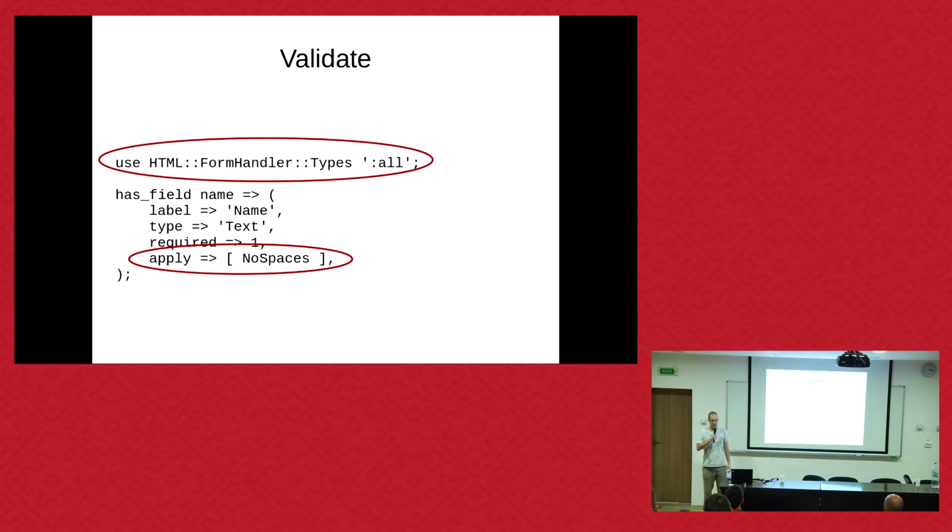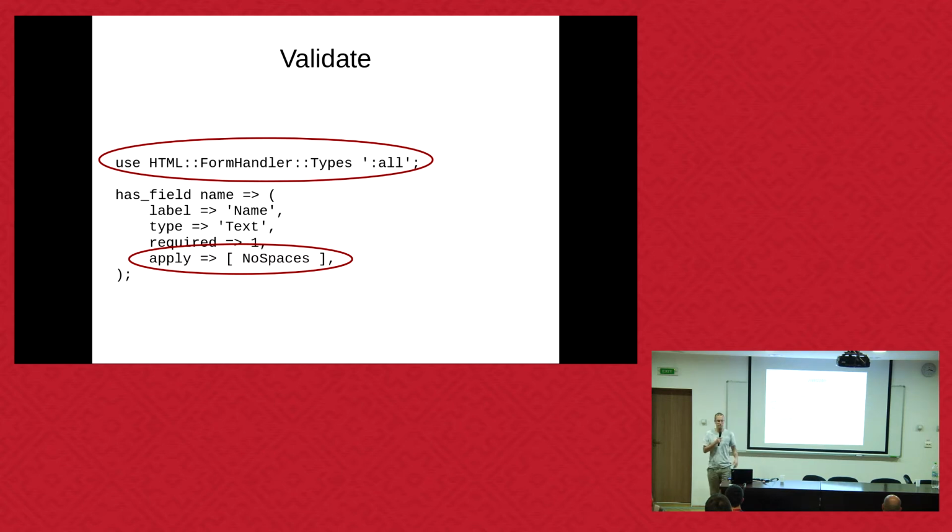We can also use data types to specify what our field should be. Again, coming back to the Moose thing, if you've used MooseX::Types to define your own data validation rules, that's exactly what FormHandler does. There's MooseX::Types::Common, which is a set of Moose types that people commonly use. And HTML::FormHandler::Types is very similar to that, but built into FormHandler.